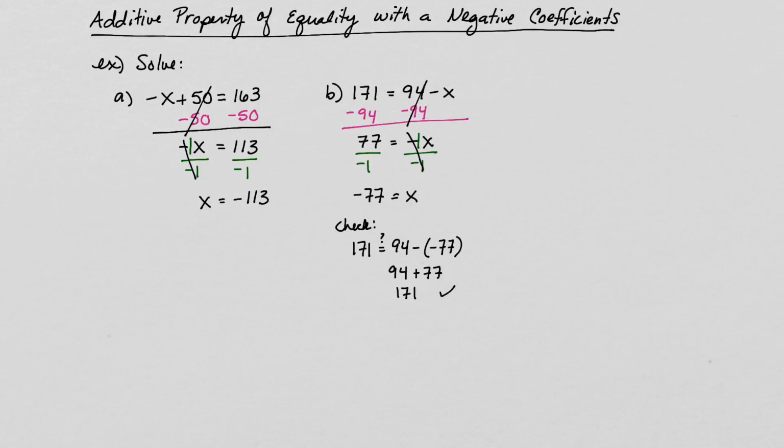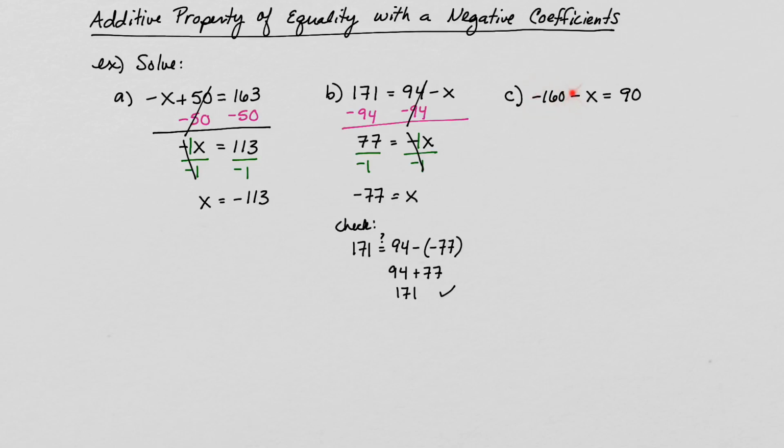So we'll try one more here for good measure. Let me find a good problem. Okay, so what about negative 160 minus x equals 90? Again, I've got this negative 160, I've got this negative sign in front of x. I want to get the x all alone.